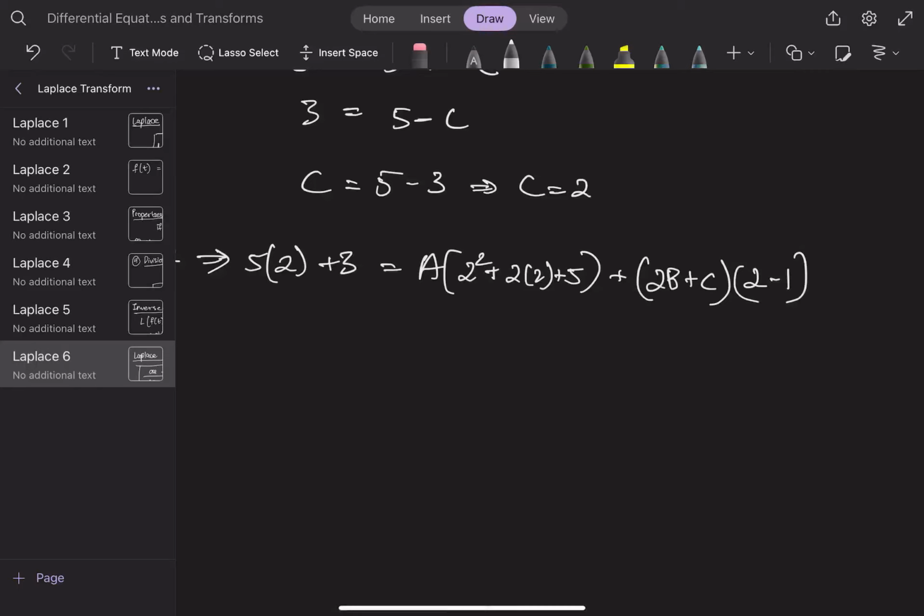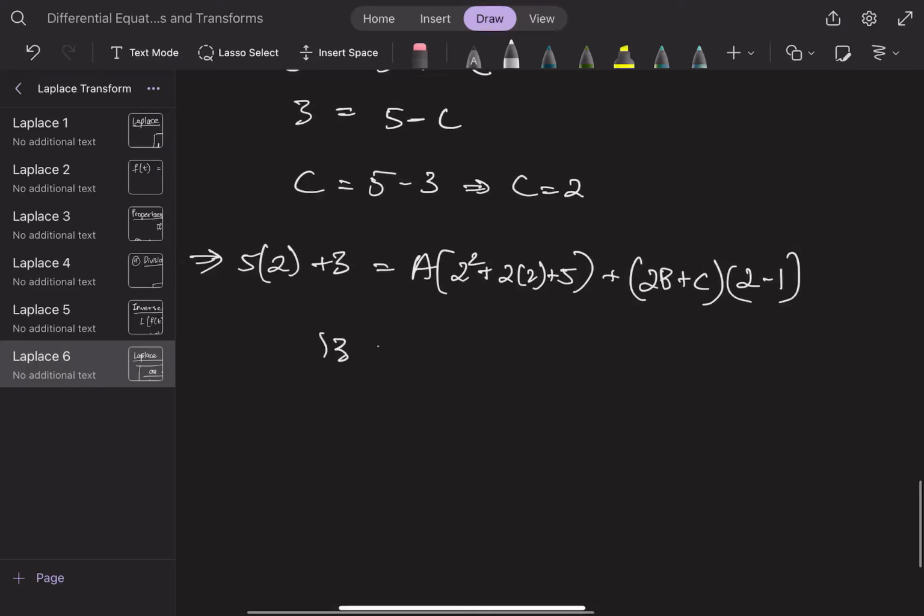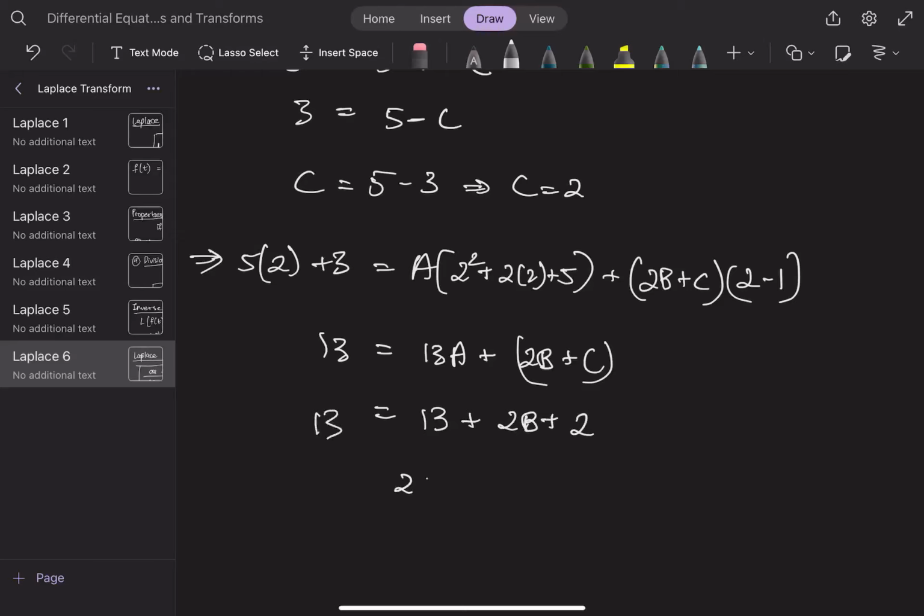So you get 13 is equal to 13a plus 2b plus c into 1. So the value of a is 1: 13 plus 2b plus the value of c is 2. So you get 2b is equal to minus 2 and b is equal to minus 1.